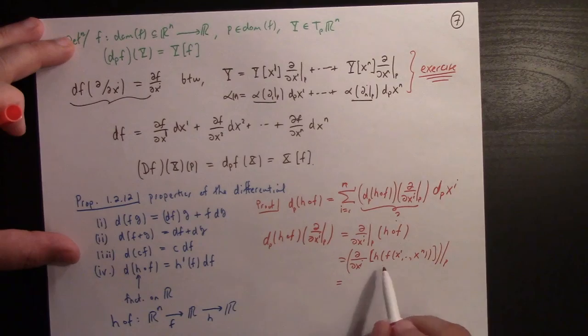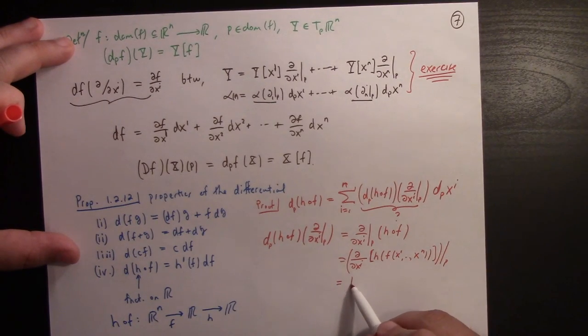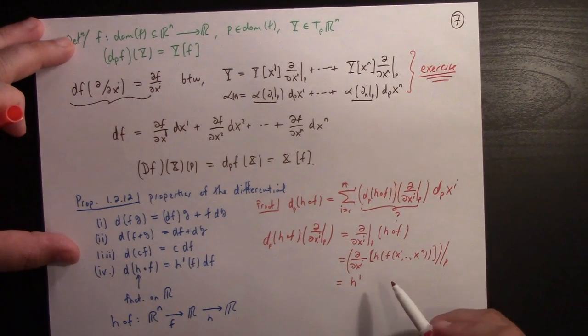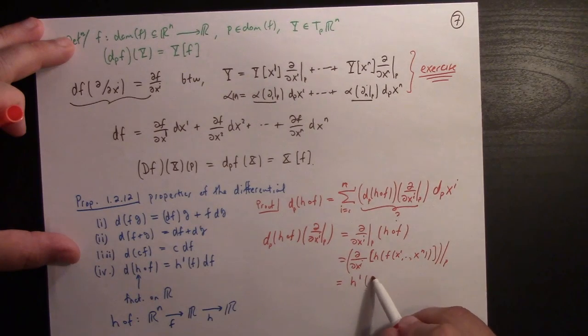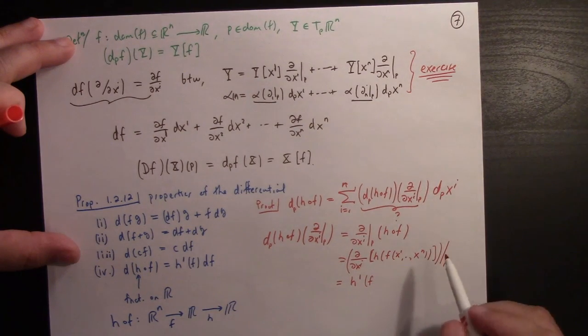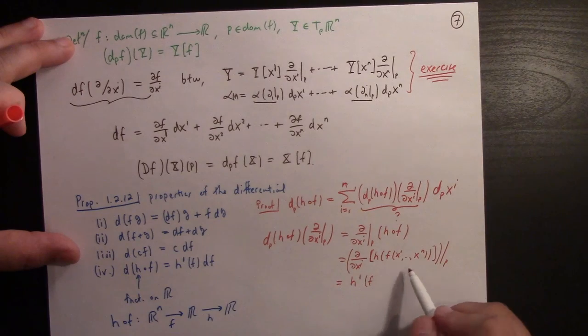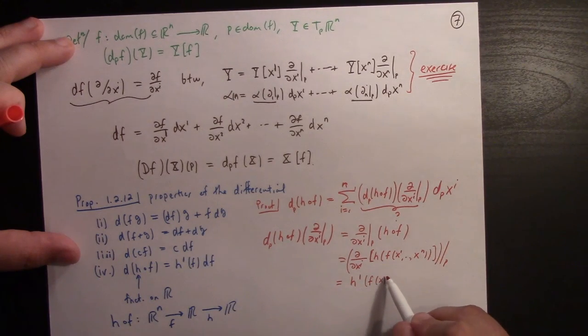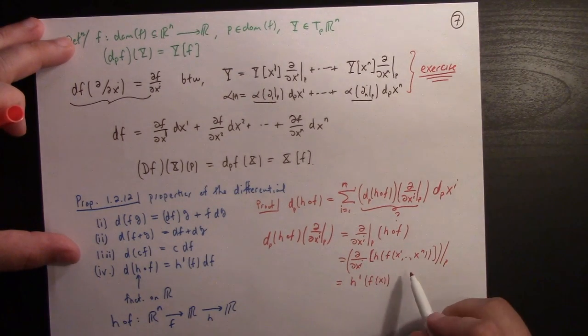And the chain rule says, in this case, for multivariate calculus, that's h prime, the derivative of h evaluated at f of x, if you'll forgive me for that notation. And then times what?